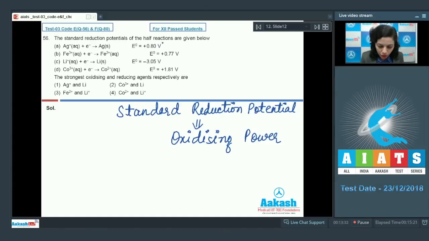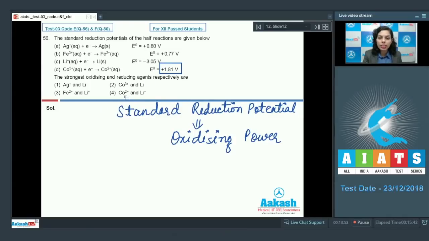So let's check. If you look at the given half reactions, you will identify that Co3+ ion is gaining an electron to form Co2+ ion, and the standard reduction potential for this is plus 1.81 volt. That is the maximum one in this category.